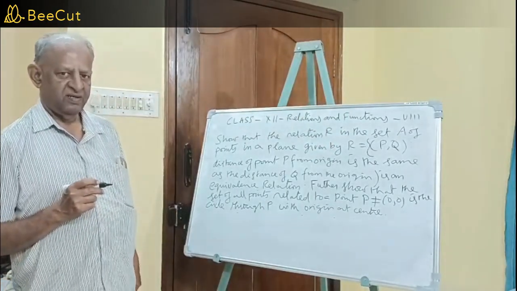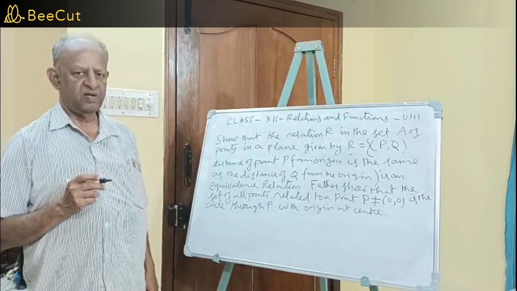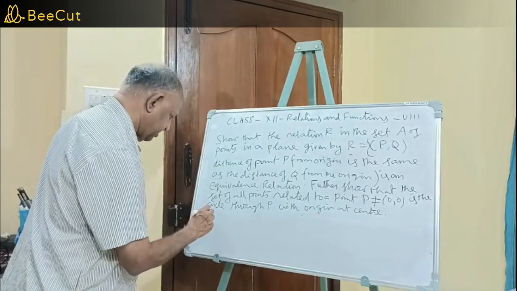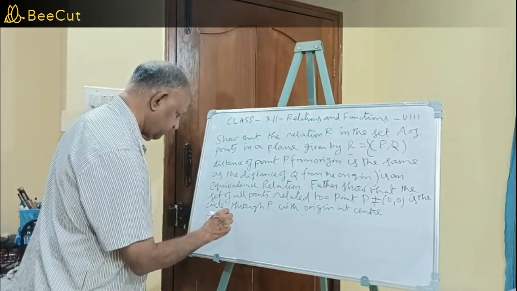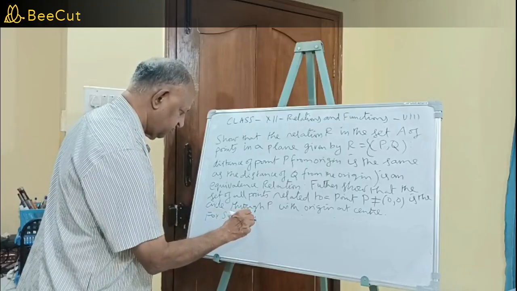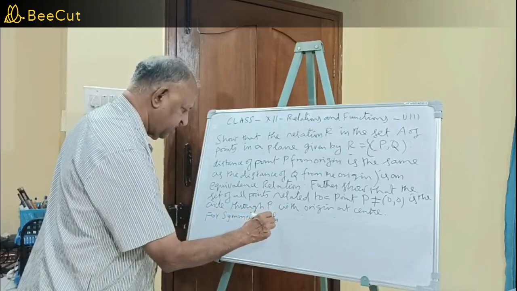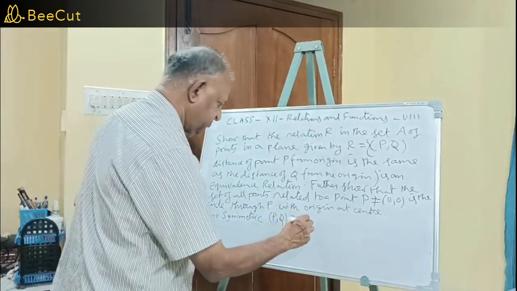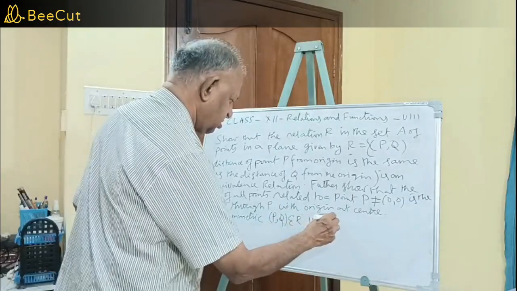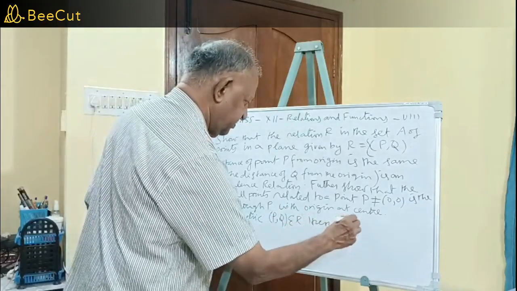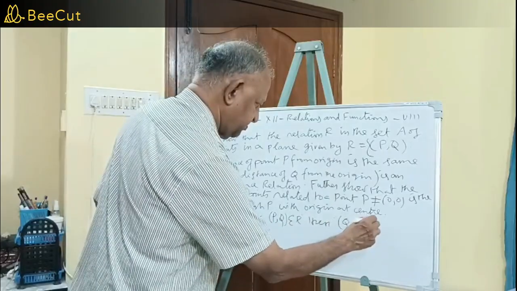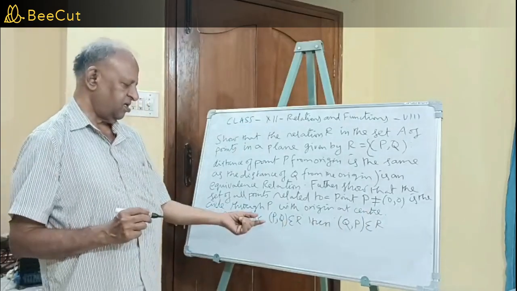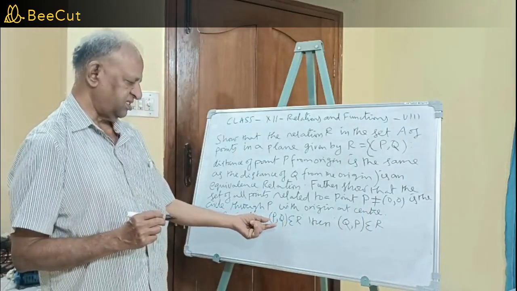For symmetric, if (P, Q) belongs to R, then (Q, P) belongs to R. We know that the distance of P and Q from the origin is the same.